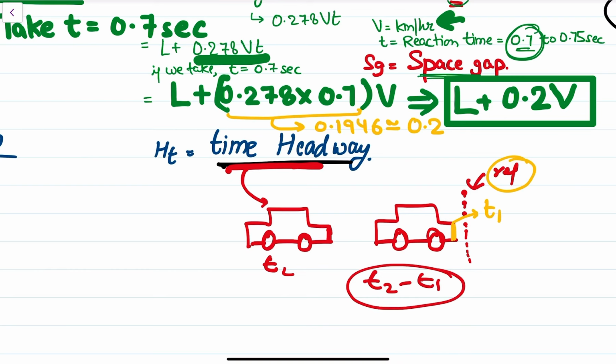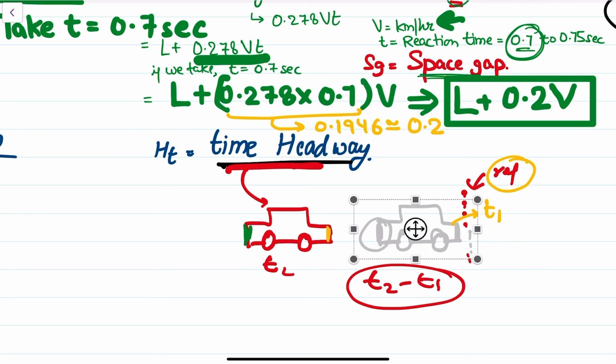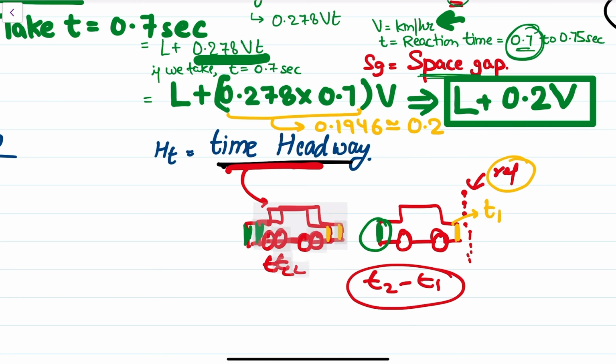The reference point has to be the same. You can take the front of the vehicle, or you can also take the back of the vehicle as the reference point. If you take the back, then as soon as the back of the first vehicle crosses it is t1, and when the back of the second vehicle crosses it is t2.